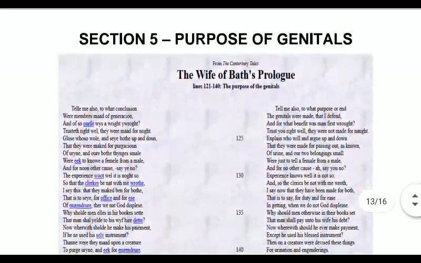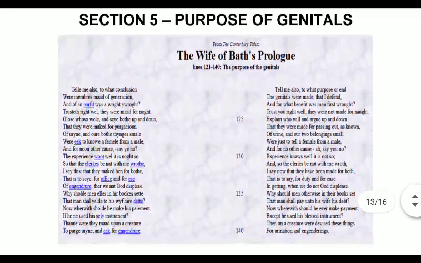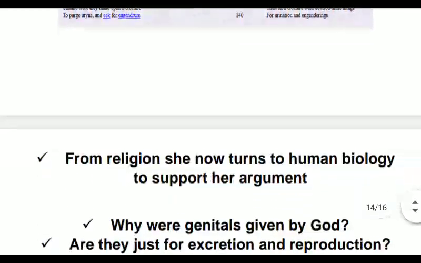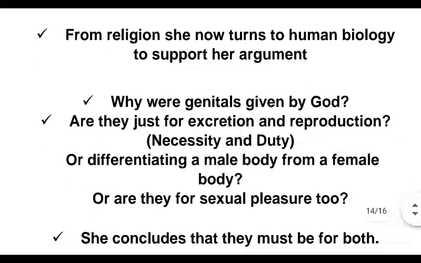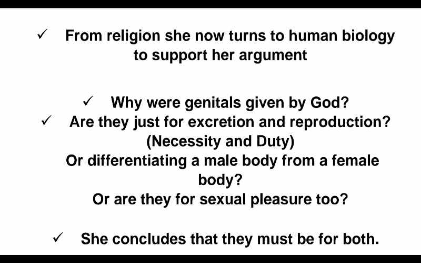Now we move on to section 5, which is the purpose of the genitals, and this is the last section that we have completed in class. The last day we did Wife of Bath in class, and there is a subtle shift here, because from section 1 to section 4 she was continuously bringing in religious references to seek a sort of validation for all her 5 marriages.